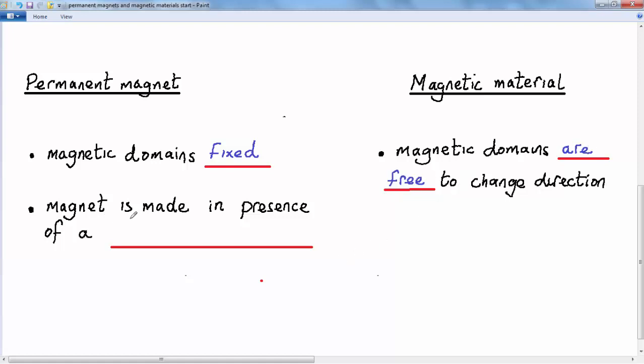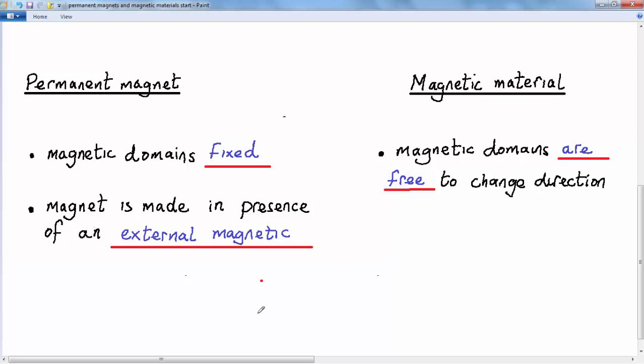Now, the other important factor in the production of a permanent magnet: not only have you got to ensure that the magnetic domains remain fixed, so the choice of materials is very important, but also as you're producing that magnet, as these domains are coming together in the formation of the magnet, it is important that the magnet is made in the presence of an external magnetic field. That external magnetic field ensures that the magnetic domains initially align in the direction that you want them to, and then once they've aligned, once the magnet's formed, they remain fixed in that orientation.